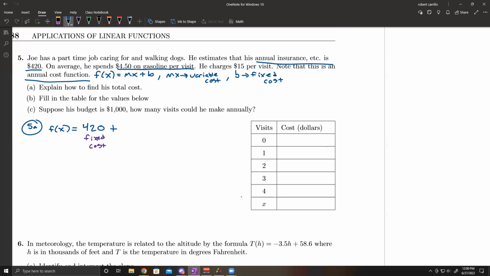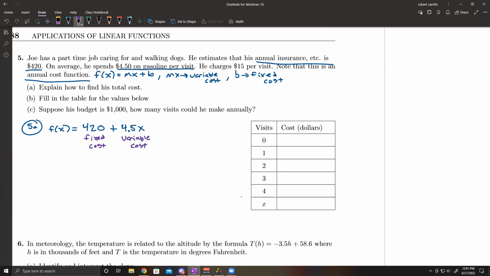So this is what he spends to go do his job. So this is another cost, and it's $4.50 per visit. So we don't know how many visits he does. So to represent that, we say 4.5x. This is the variable cost.